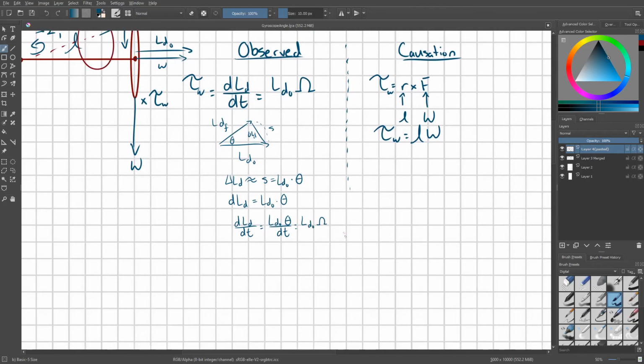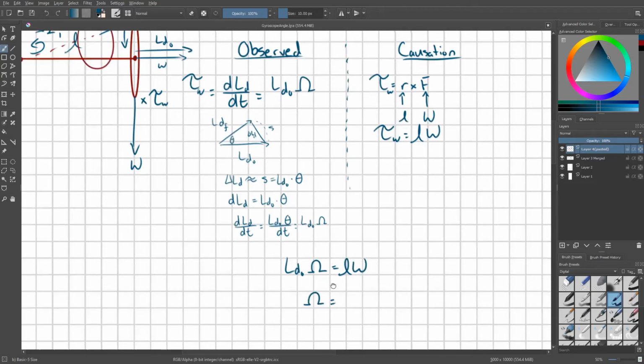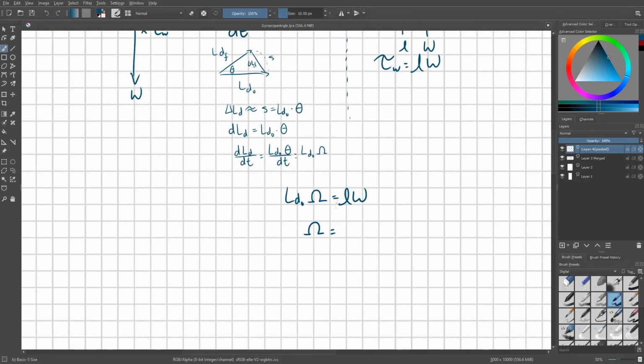So now we can set these two terms equal to each other, and we determine that L_D naught times this big omega equals L times the weight. To solve for our big omega, we get that L times the weight is divided by L_D naught.